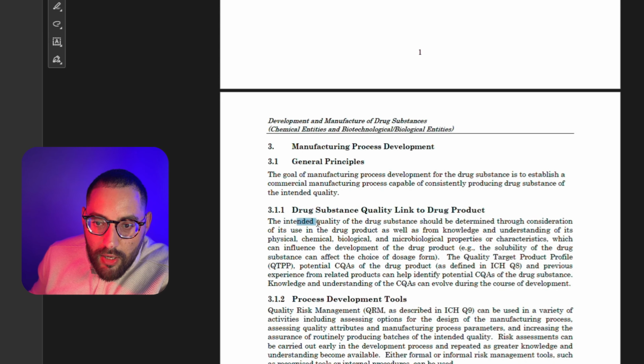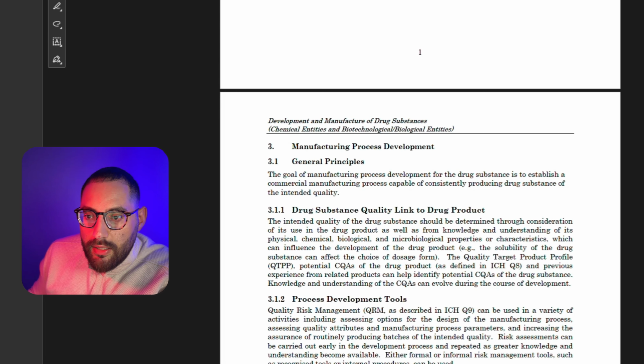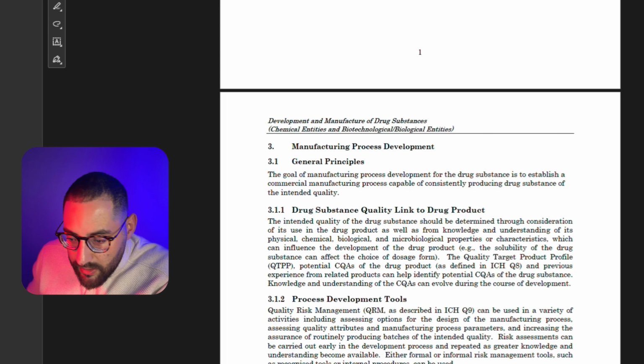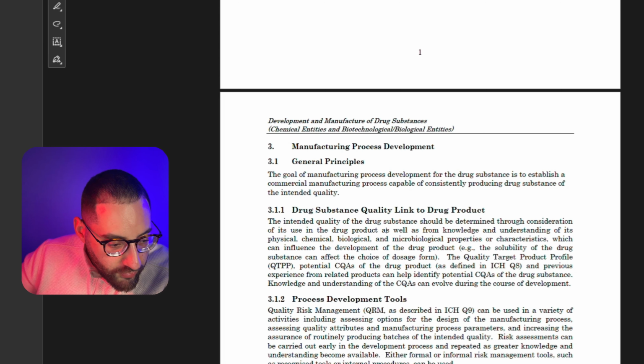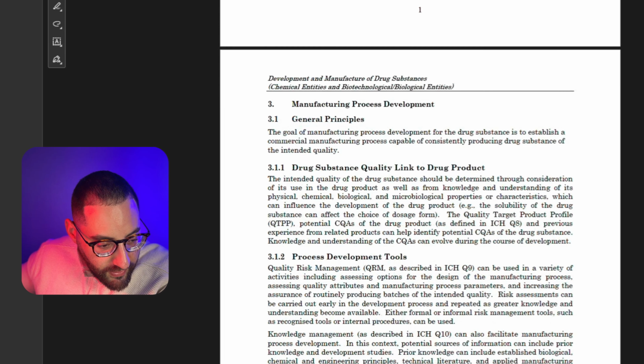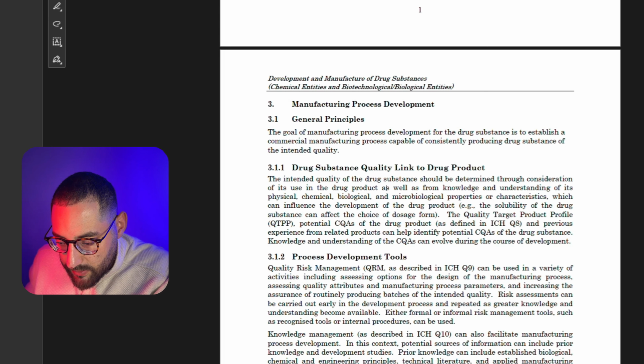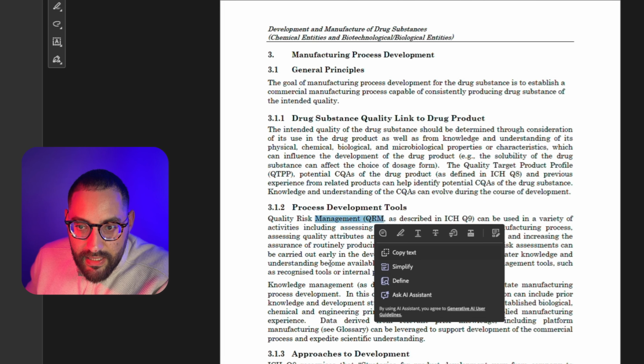The intended quality of the drug substance should be determined through consideration of essentially where it's going to end up in the drug product. And so section 3 makes sure that you understand the process well enough to consistently make drug substance for the quality that it's going to need to have as it moves downstream. And the next section covers QRM and knowledge management.